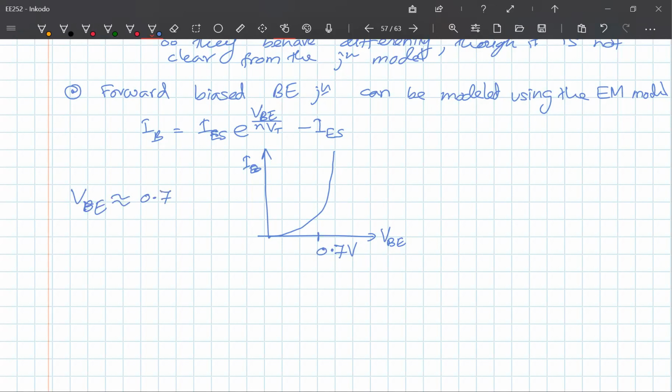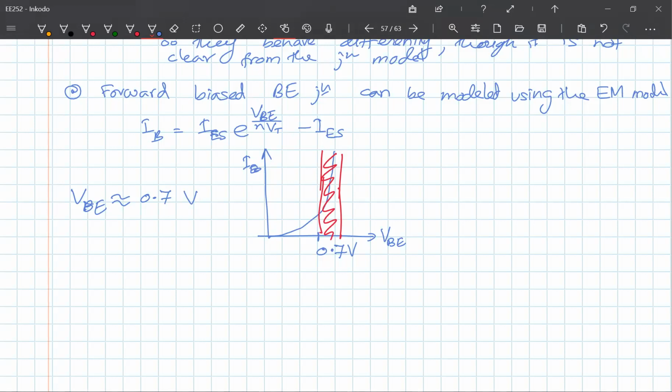In other words, VBE does not depend on IB, kind of a relationship. So that is only for this region, though. You have to remember that. It's basically that region. This is for silicon diodes, 0.1 volts.